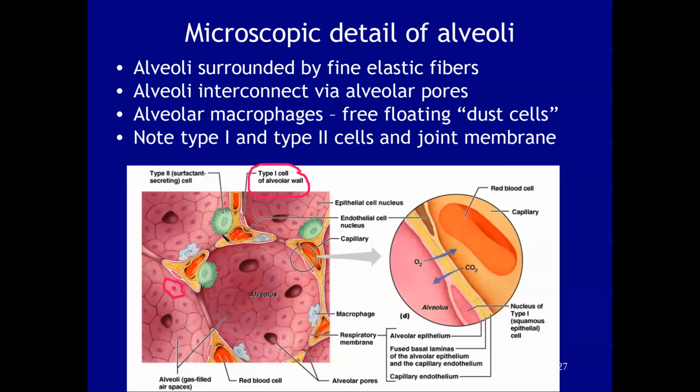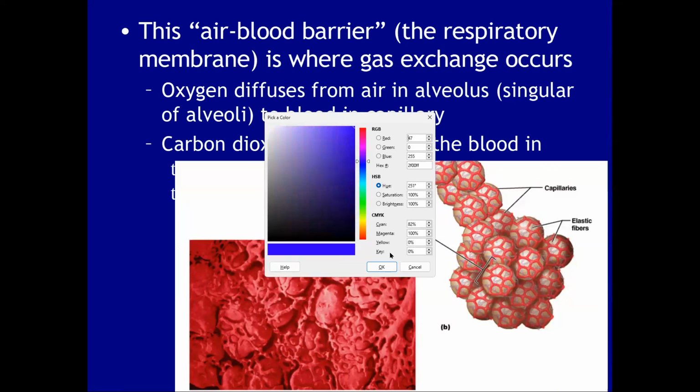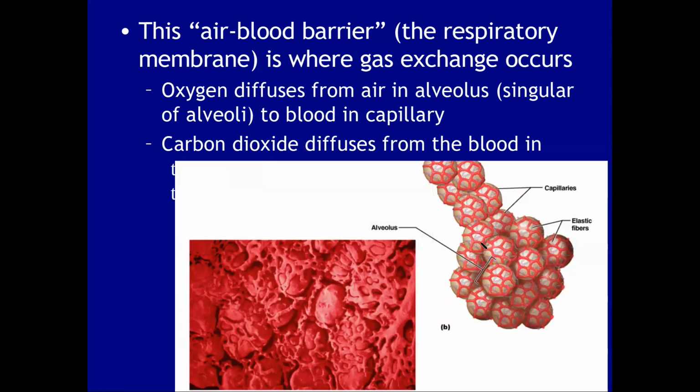A surfactant is essentially a lubricant that allows the alveoli of the lungs to collapse and reinflate without sticking. Because remember, the alveoli are basically arranged like little balloons. And the idea here, of course, is that when you inflate the alveoli, because they're so clustered together, they press.